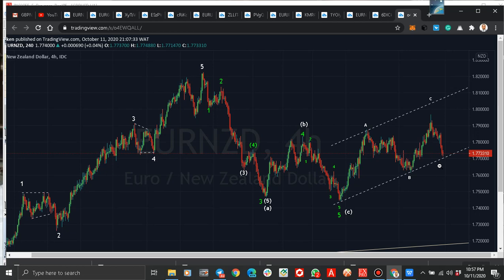Maybe this wave B is still unfolding. You know, sometimes we have A, B, C inside the B. So if it is so, either we have A, B, C, B and then C, or W, X, Y, X, Z, then downwards. This is all I have on EURNZD 4 hours.